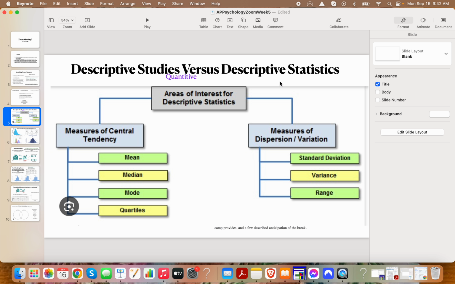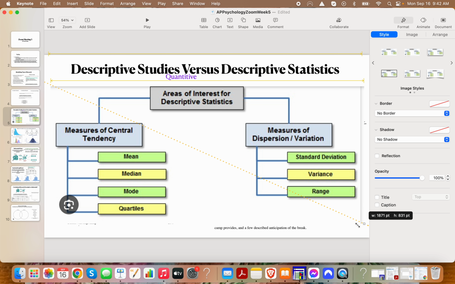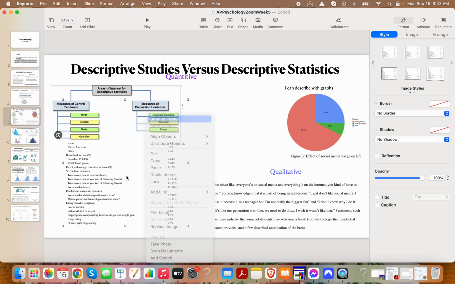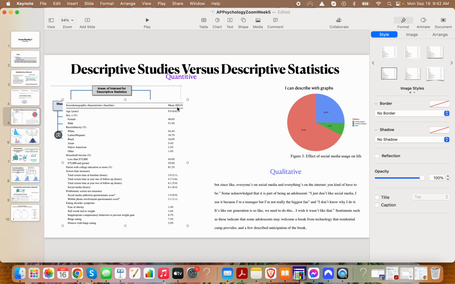All right, so when we're talking about descriptive statistics, we can do this with quantitative data, with numbers, and we can do it with the numbers themselves. Here's a whole bunch of means and standard deviations and variables. This actually comes from a correlational design. They're looking at data, but they're still giving you the descriptive statistics.